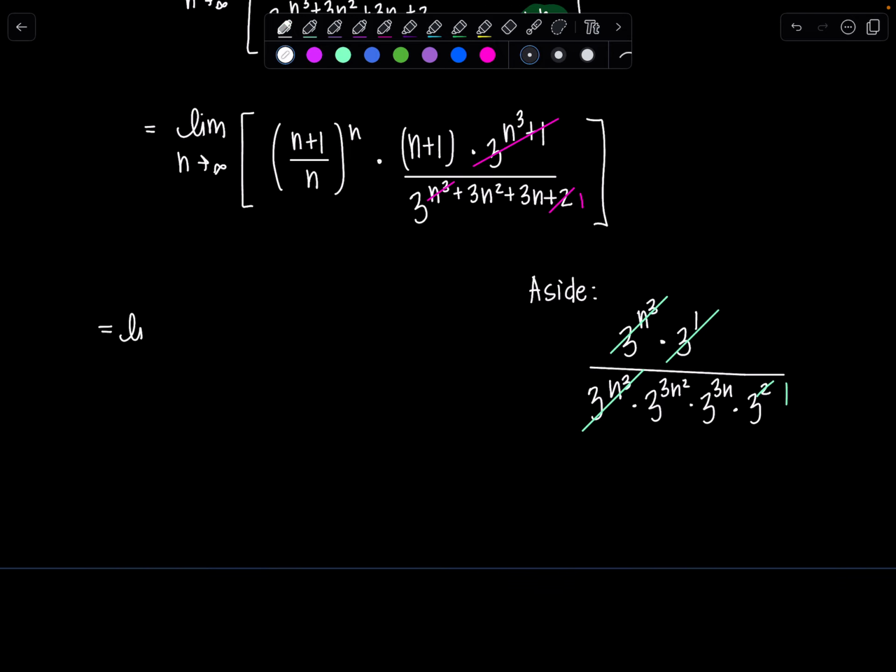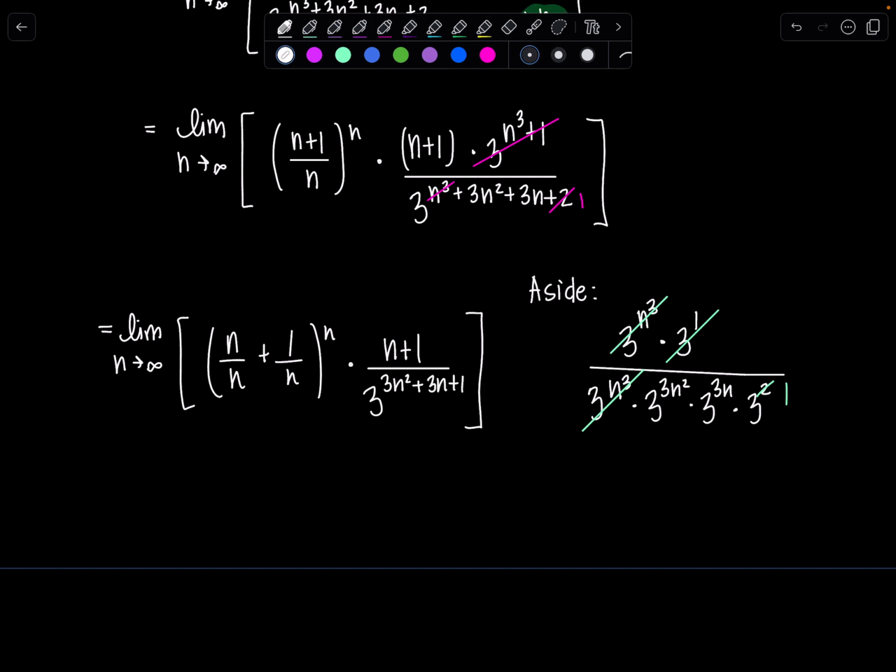So we've got the limit as n approaches infinity, n plus 1 over n to the n. I'm going to write it as n over n plus 1 over n to the n times, then we just have n plus 1 over 3 to the 3n squared plus 3n plus 1. Okay, what to do?